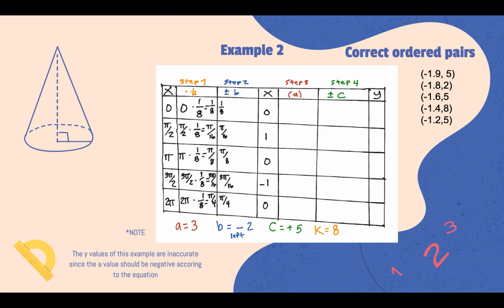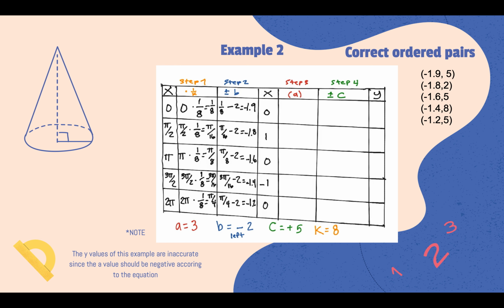So now that we have our first transformation, we will now move those values into step 2 and subtract our b.